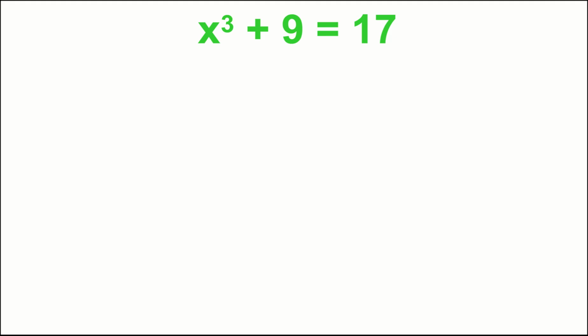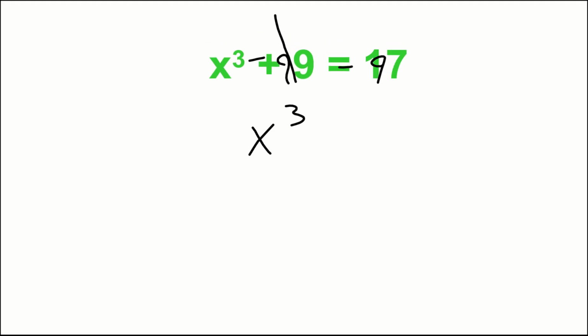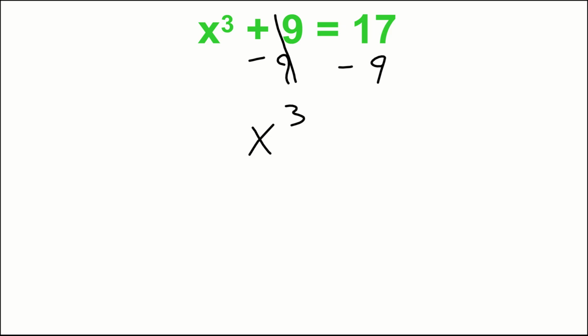We're going to subtract 9. So we do opposite, so I go minus 9 from each side. So I've got x cubed, because my 9's cancel out on the left side. 17 minus 9 is 8. So everybody okay with that step? If there's addition or subtraction, you get rid of addition or subtraction first, okay?